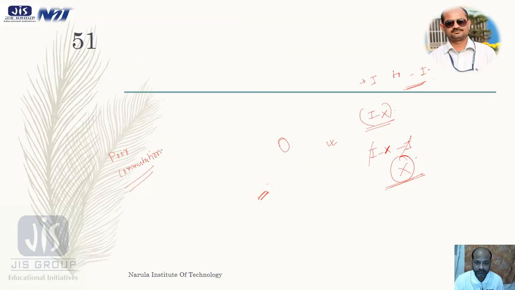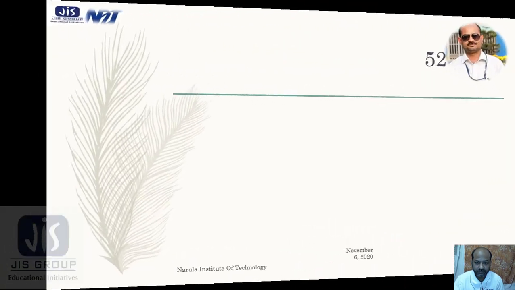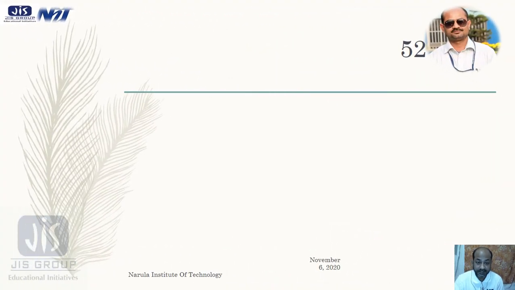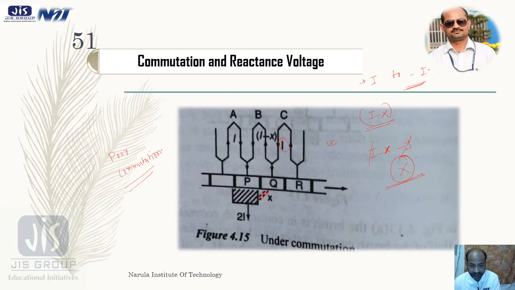Now, what is reactance voltage? The reactance voltage is the self-induced EMF in the coil undergoing commutation, which opposes the reversal of current.